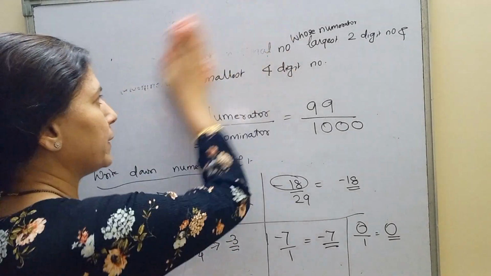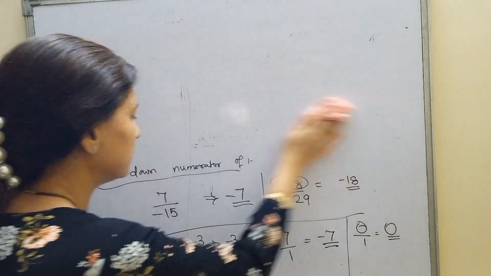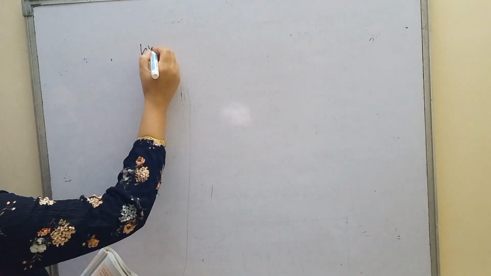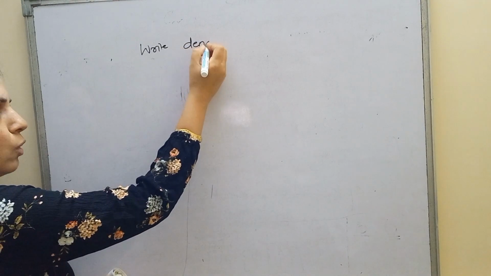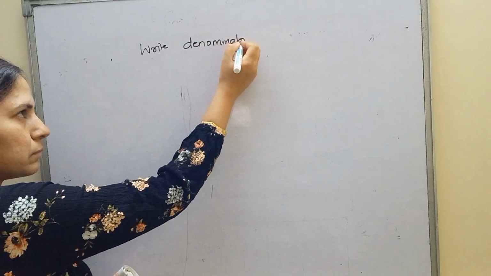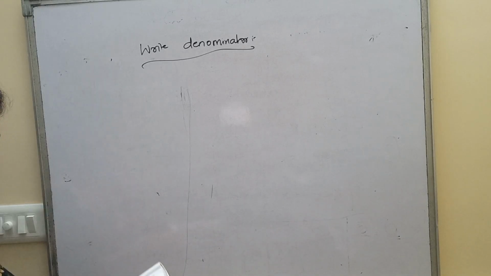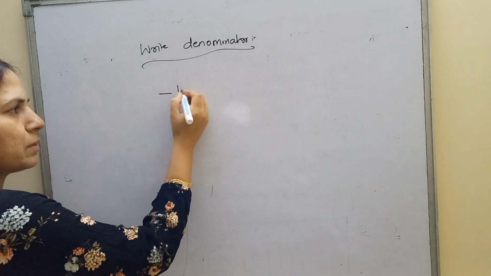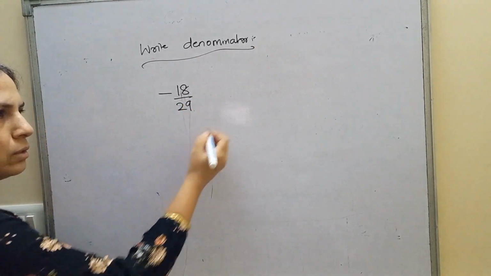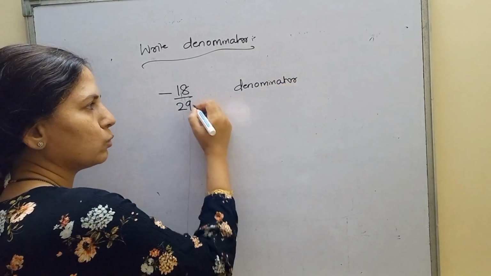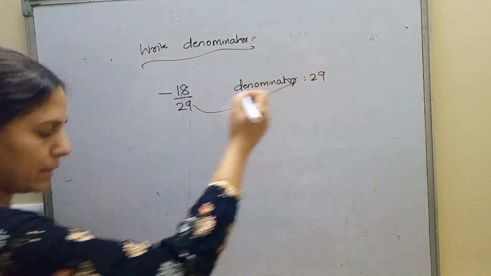Write down the denominators of the fractions. Denominator means what? The number which is below. Now, if I continue with the same questions, for example, if it is minus 18 upon 29, denominator here will be the down number, that is 29.